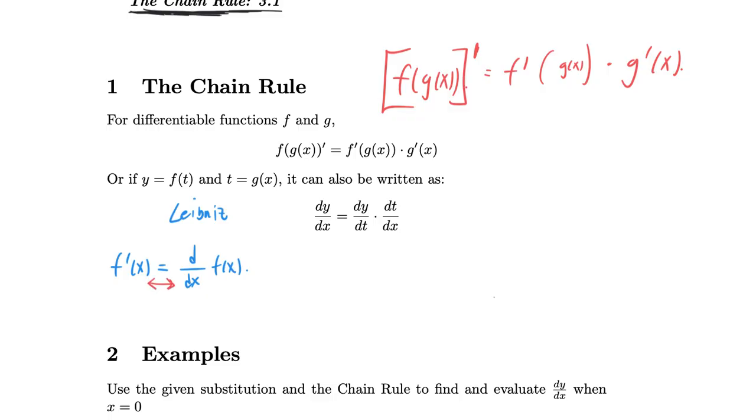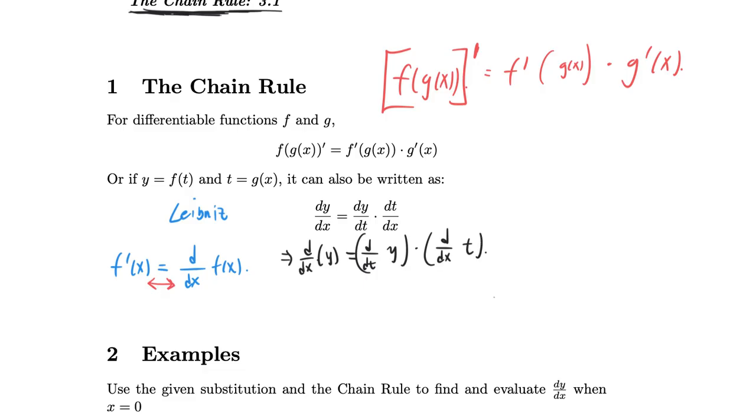What we're doing here is taking d over dx of y, right? So dy over dx means d over dx of y. And it says that it's equal to d over dt of y times d over dx of t.